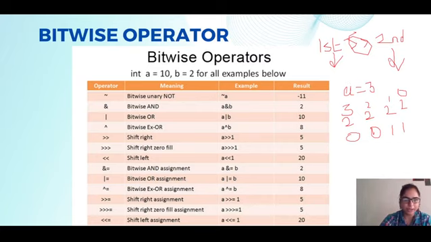So what does this right shift do? The right shift is going to shift all of these digits towards the right. Previously it was towards the left. When you're shifting towards the right, one vacant space will be there. That vacant space will be filled with a trailing 0.